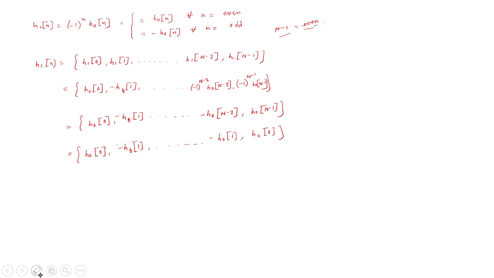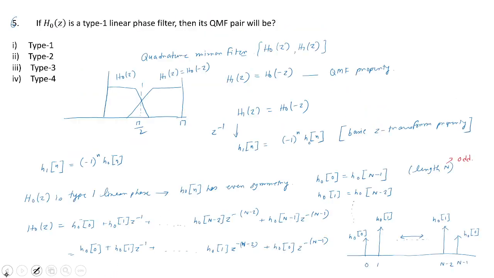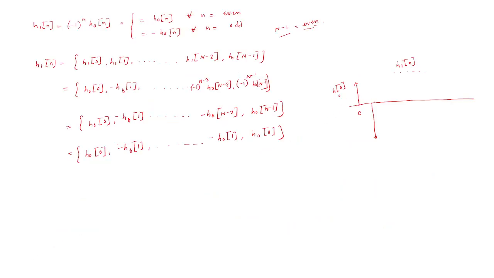Let me draw the impulse response here for h1 of n. If we compare to the previous response, at the 0th index it will remain unchanged, and at odd index 1, it gets flipped.